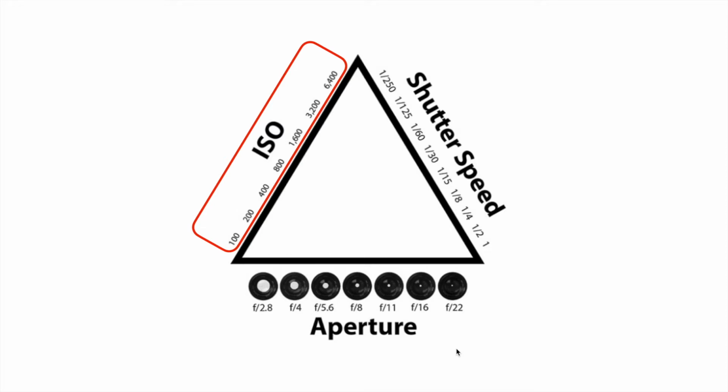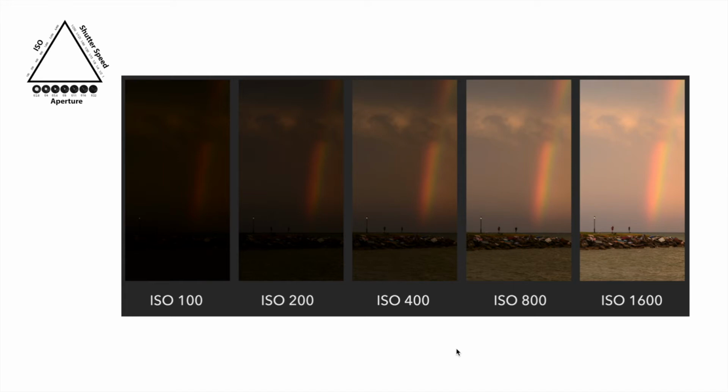ISO has basically got to do with the sensitivity of the camera's sensor. If I show you this picture, you can see at the bottom we've got ISO 100 going up to ISO 1600. The higher the ISO, the more sensitive the sensors of the camera are, which means that you can capture more light.